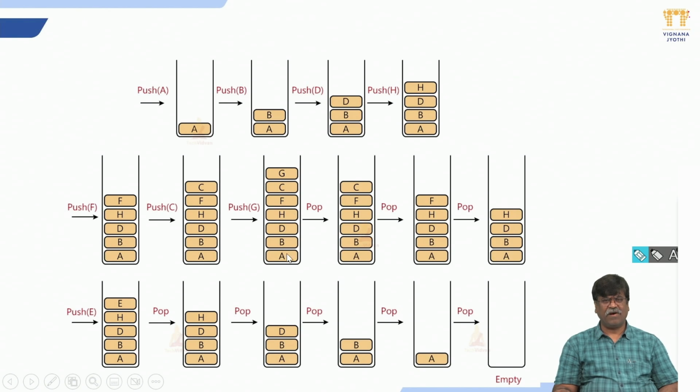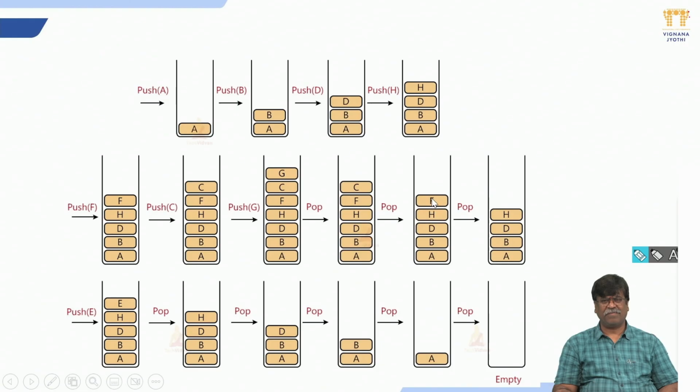So after visiting all these, A, B, D, H, F, C, G, the graph is not fully traversed because some elements are not visited at all, and there is no scope to visit from G. Then what we need to do is pop out and check for the possibility from C. If from C there is no other possibility, pop out the next element. So pop C, and the next element is F. From F I am checking.